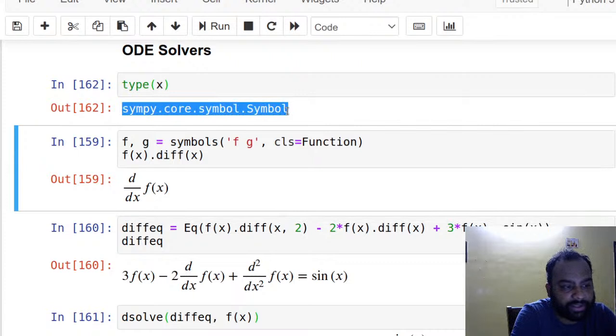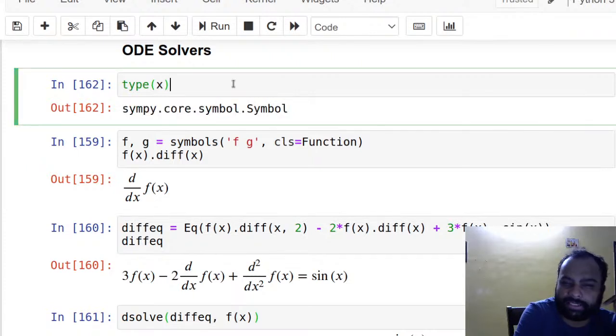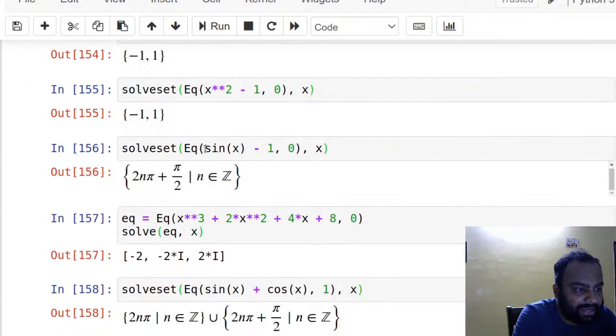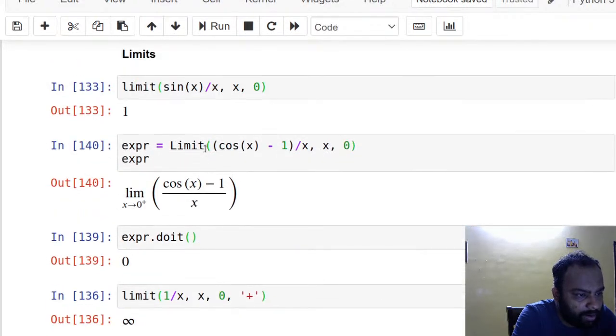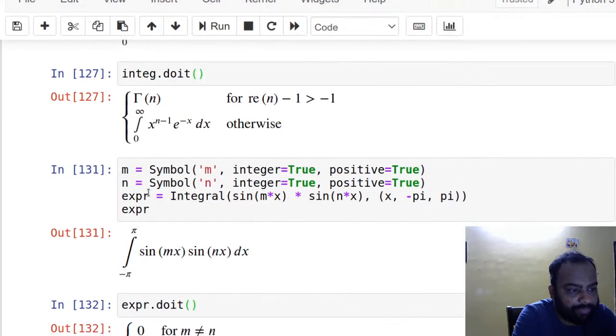So we defined x. Again, you have to go back to the very beginning here. So x is just a core symbol, a basic symbol, right? For example, it will be acting as a variable. But again, if you go back to a previous point here, now we again use the Symbol class to define a special class, a type of symbol here.